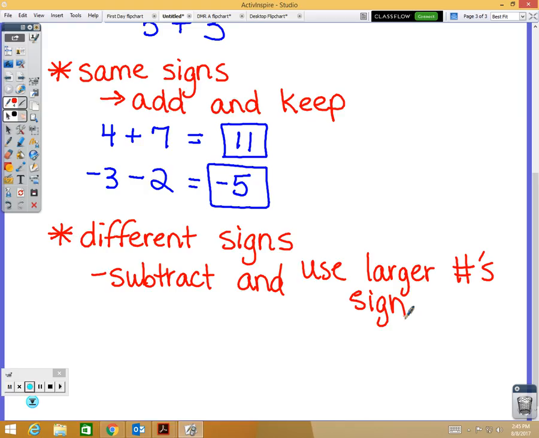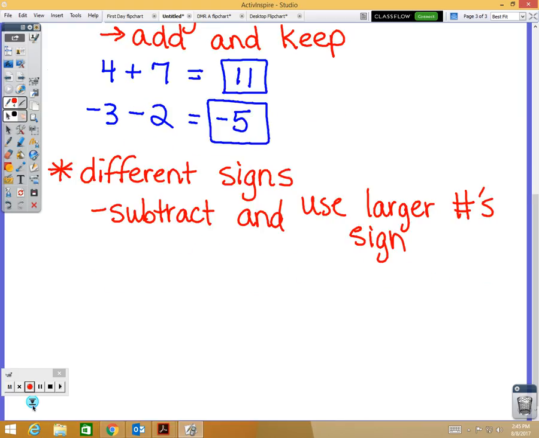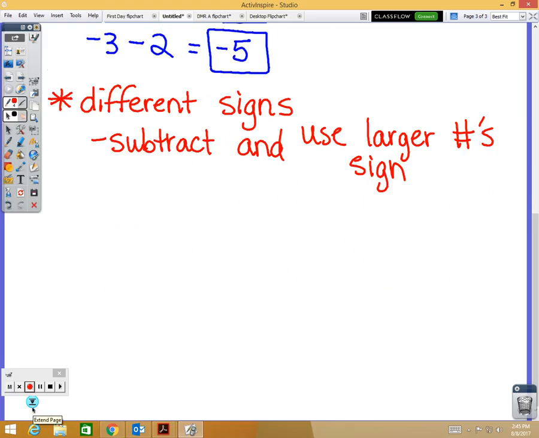Again, if they have different signs, you can think different and difference. Difference is the answer to a subtraction problem. You're going to subtract them and use the larger number's sign. So we'll do a few examples of those in our steps here.